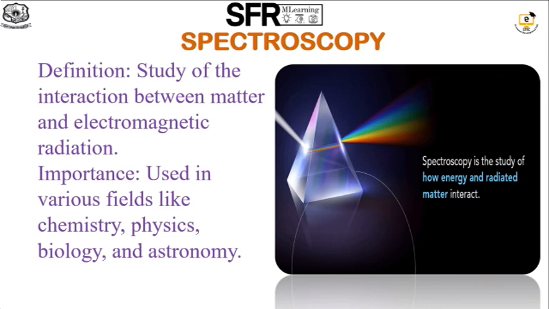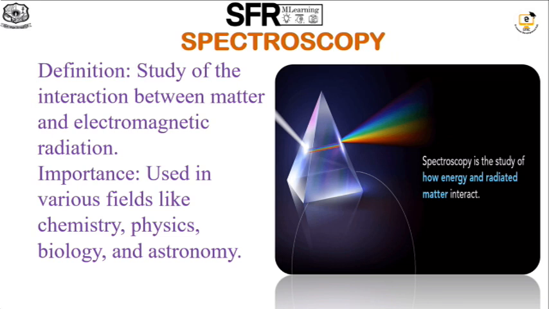It involves measuring the distribution of light and other forms of electromagnetic radiation that is absorbed, emitted and scattered by atoms or molecules. Spectroscopy is nowadays used in various fields. In chemistry, spectroscopy is used to identify and analyze the chemical composition of substances.